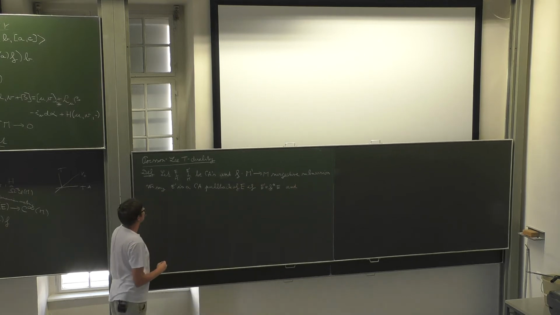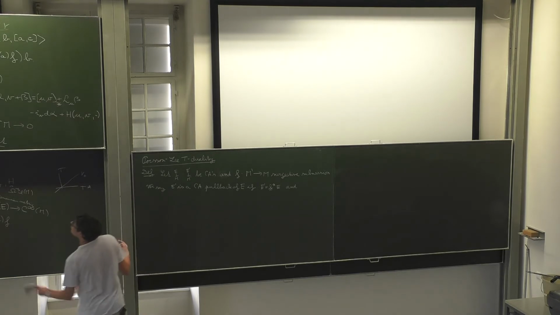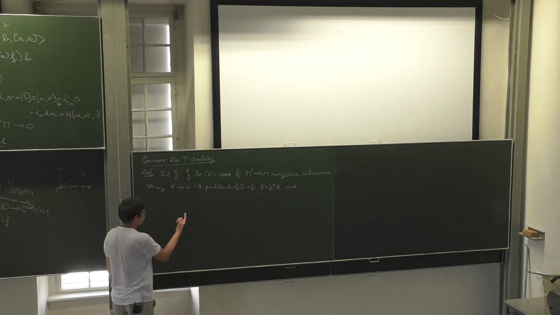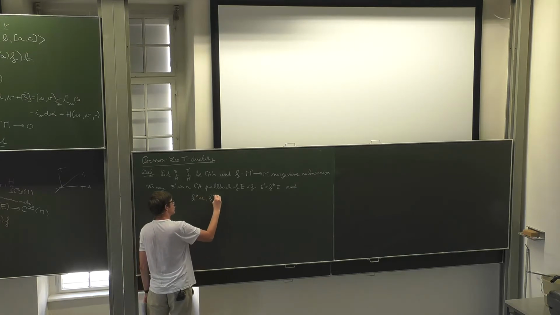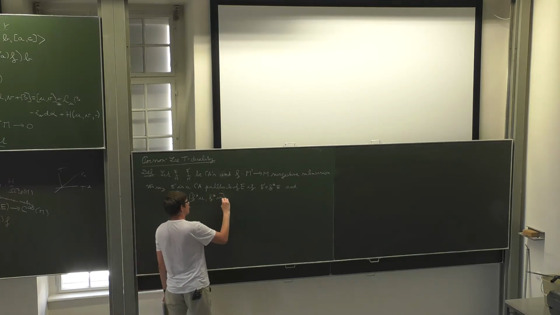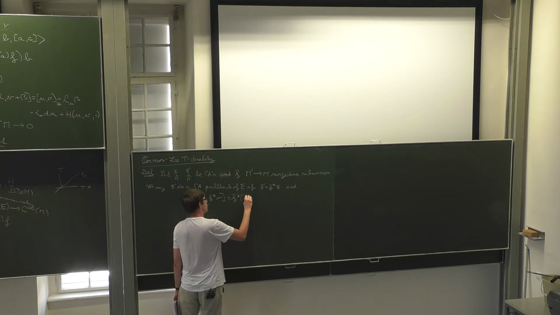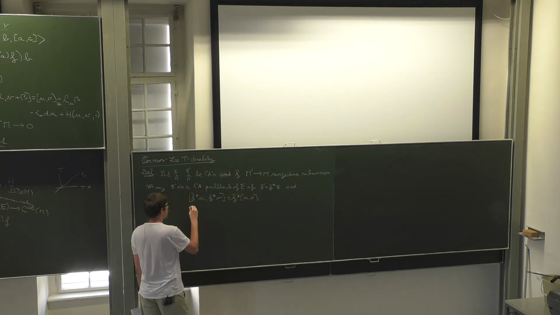If you think about it, we want the three structures, the bracket, the pairing, and the anchor, to be compatible. So for example, if you take two sections U and V, and you do the bracket, then this should be the same as if you would do the bracket and then pull back. Same thing for the pairing.